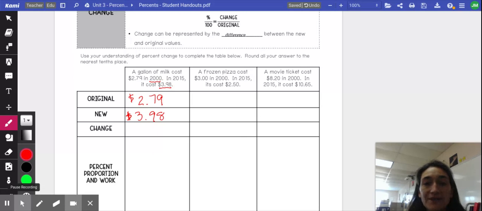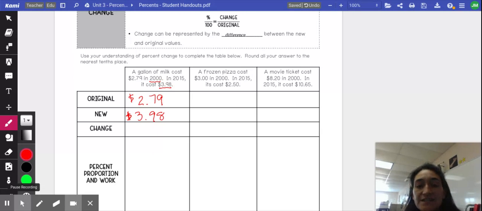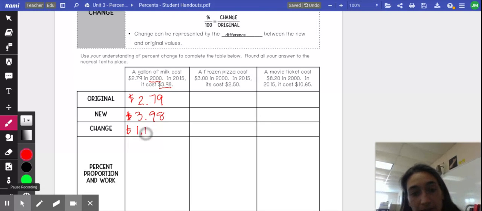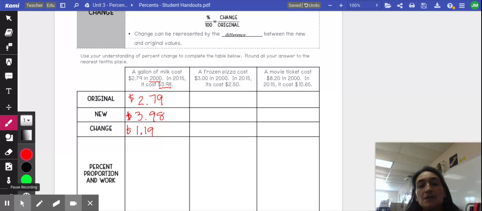So if we wanted to find out the change in price, we would need to take the new price and subtract the old price to find the difference. Our difference is going to be $1.19. So by subtracting the new price minus the old price, we find out that the change is $1.19.